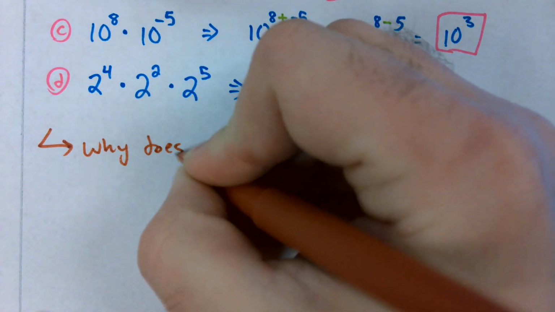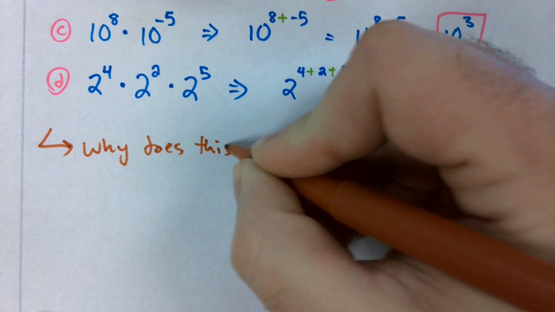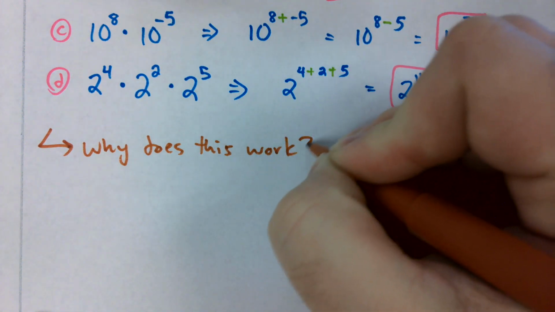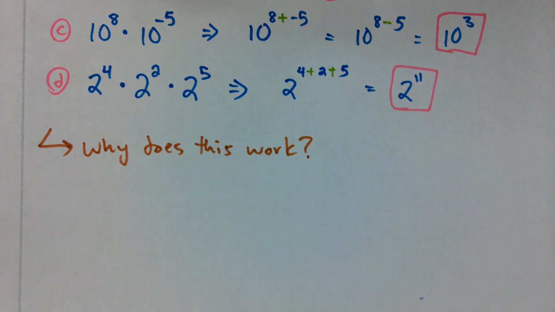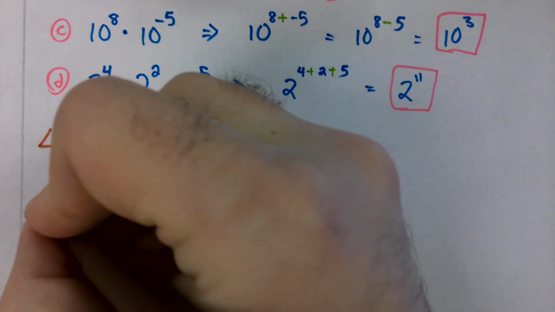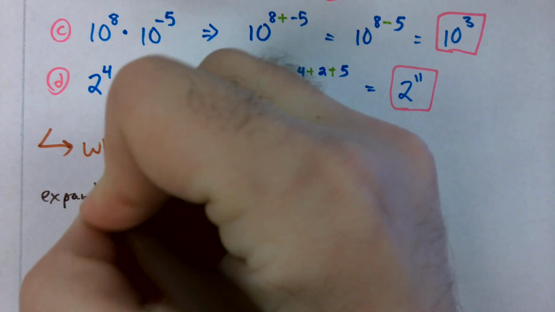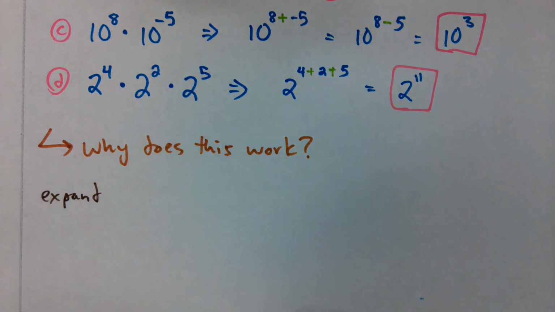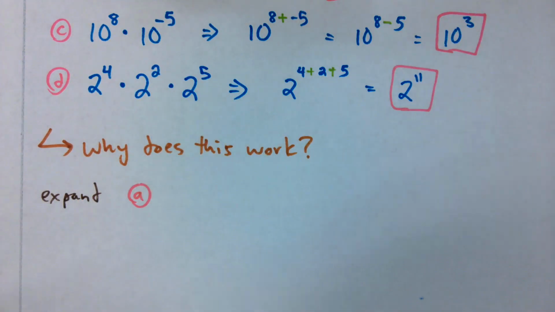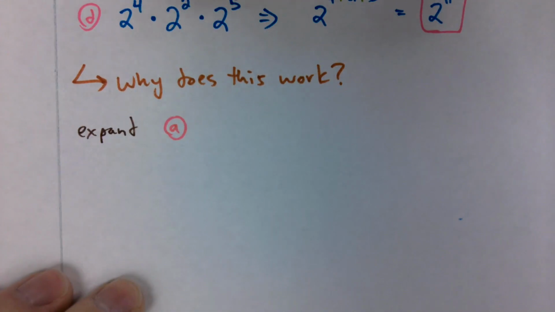Why does this work? Let's try and expand, and let's use example A again, which was 3 squared times 3 to the 4th.